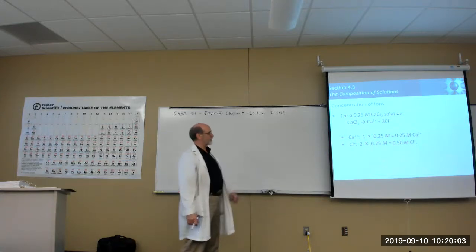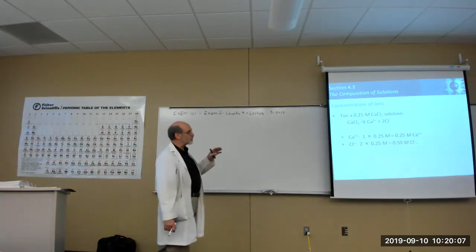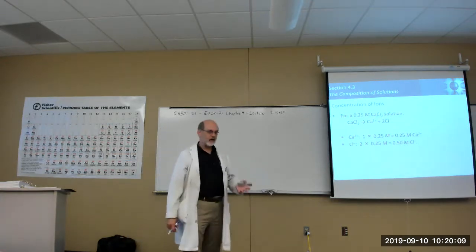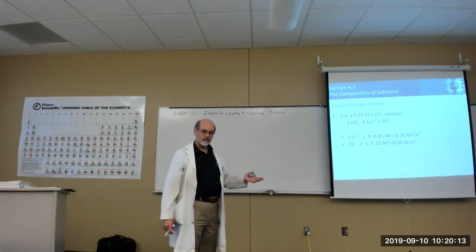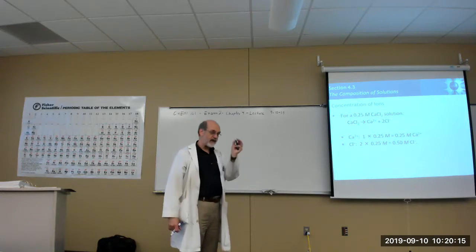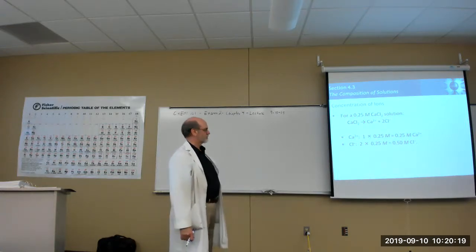So what do I mean by that? Let's say we calculate that our solution is 0.25 molar in calcium chloride. So that means 1/4 mole of calcium chloride compound per liter of solution.